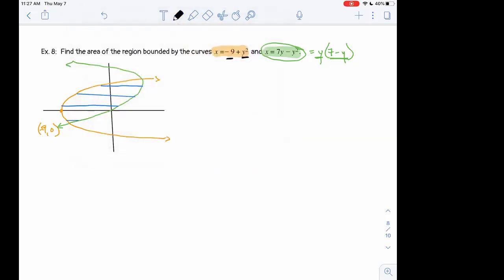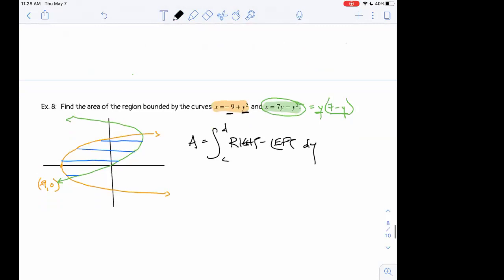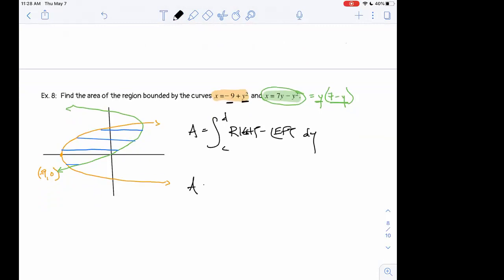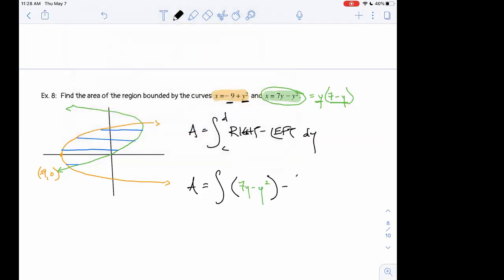So let's go ahead and write out our integral formula. From C to D of the right curve minus the left curve dy. And I can even fill in my right and left curve right now. I know that I'm going to have 7y minus y squared as my right curve, and negative 9 plus y squared as my left curve, dy.